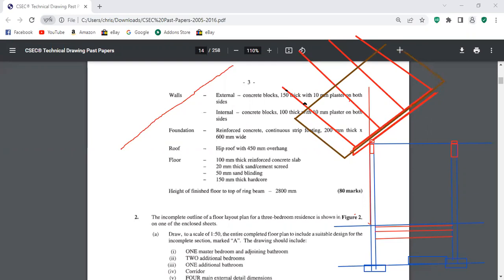And then the underlay. The underlay is basically a black matte-like material which acts as a barrier. It prevents water and moisture from entering the building pretty much. So the underlay will be placed here.